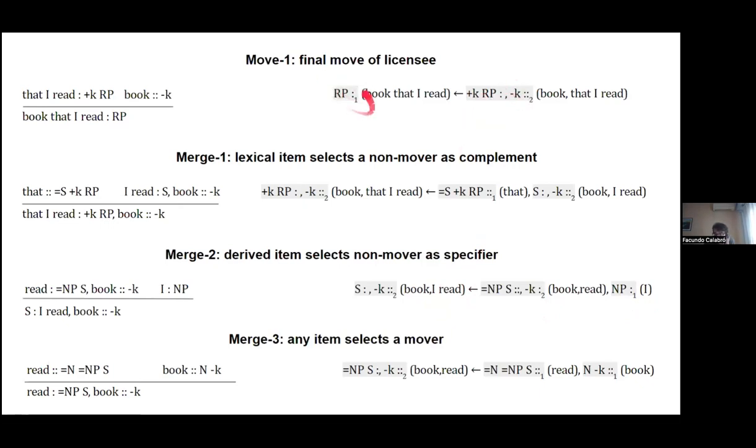So here we have a step or a rule with dimension 1, and these strings are finally concatenated, and these features are, sorry, cancelled.